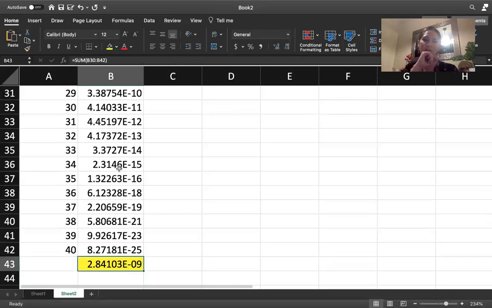I may have been thinking of 1 in 5 being correct, or the probability of success, but we actually had 4 options on this problem. So the probability of getting 28 problems right, or 29 problems, or 30 problems, all the way through 40 problems is actually very small if you're guessing on all 40 problems. It's approximately 2.84 times 10 to the negative 9th.